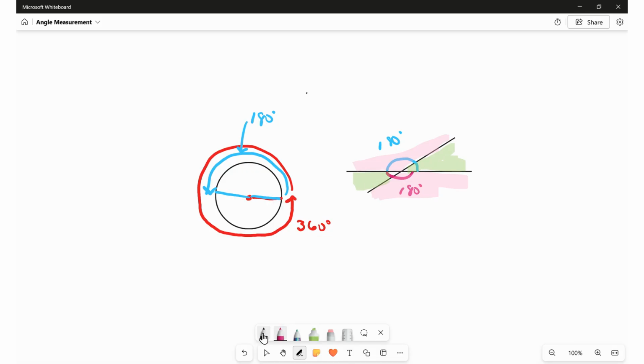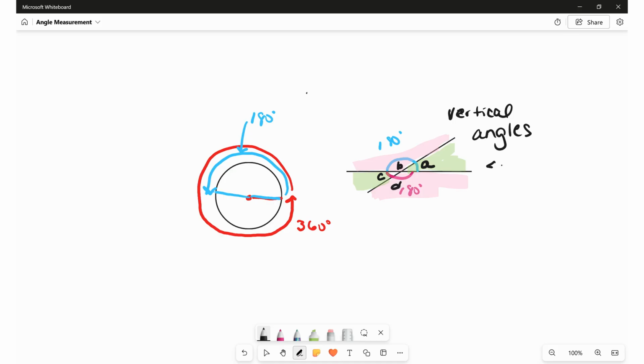So what I've just displayed here, okay, I've just shown you what are called vertical angles. So vertical angles. So let's call this angle A. Let's call this angle B. Let's call this angle C. And let's call this one angle D. Okay.